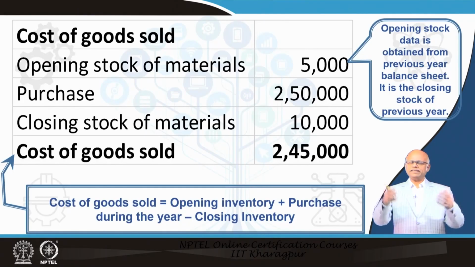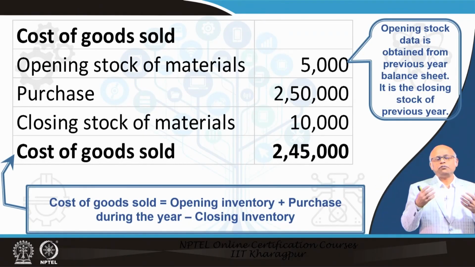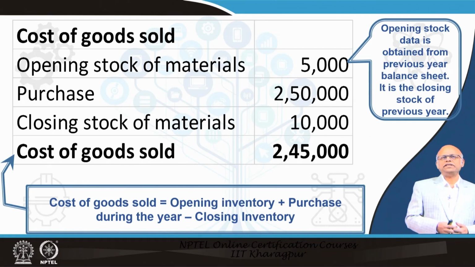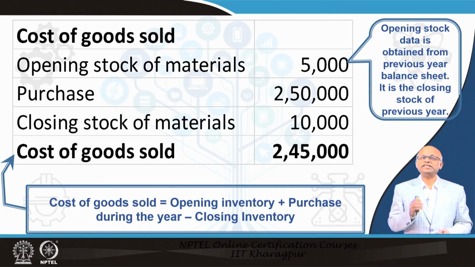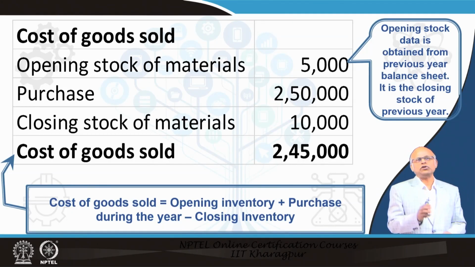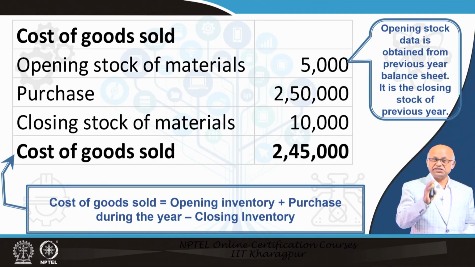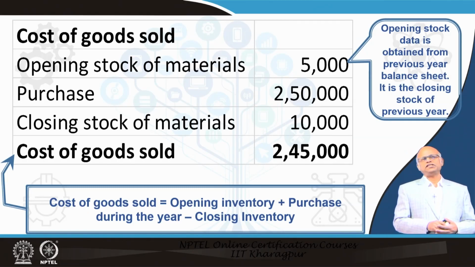So, let us estimate these profits for our sample company, the company that you have started in the hostel. First thing is we have to estimate cost of goods sold, because gross profit is nothing but sales minus cost of goods sold. So, let us see how this is estimated.